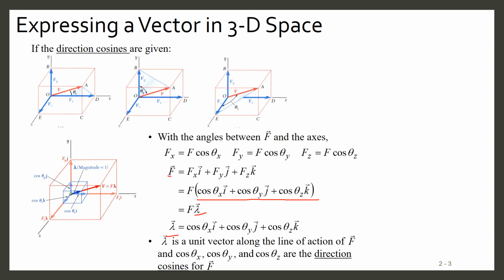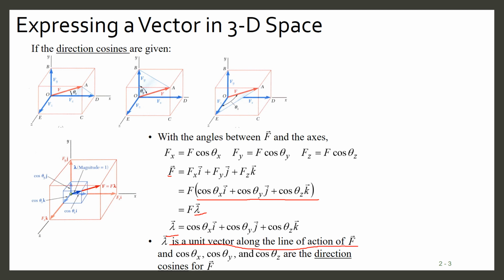And this lambda is a unit vector along the line of action of F. Lambda is also a unit vector like i, j and k, because i has unit magnitude, j has unit magnitude, and k has unit magnitude.